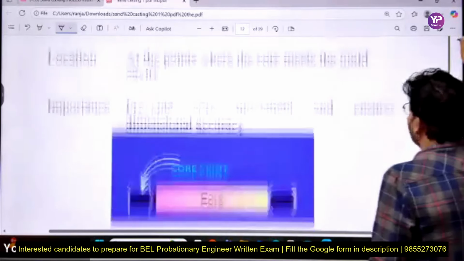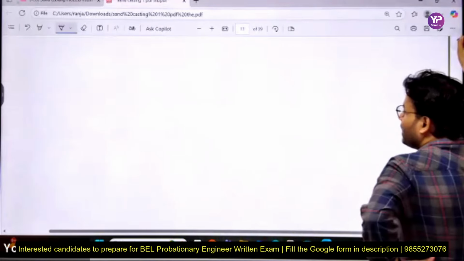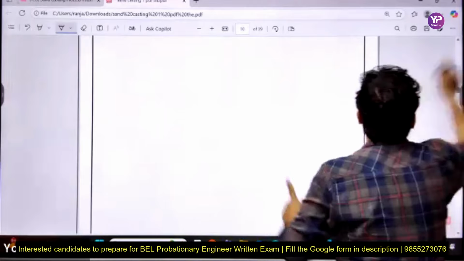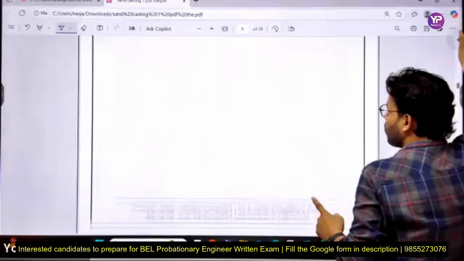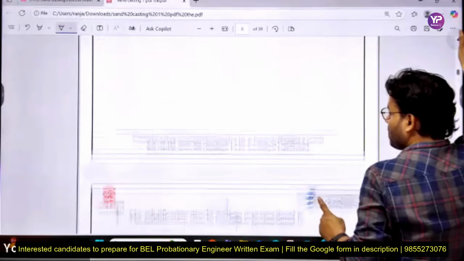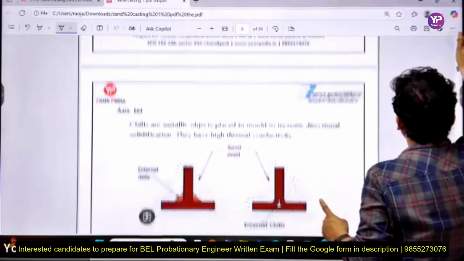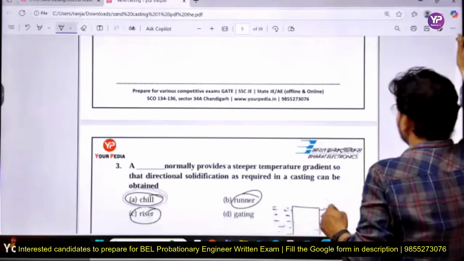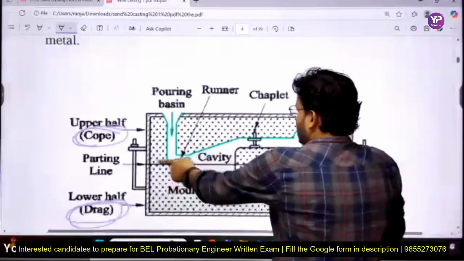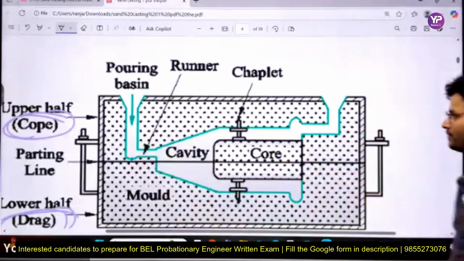See, I am coming to the diagram here. We have seen that diagram earlier. Let me zoom out a little bit. Here this is your core now.